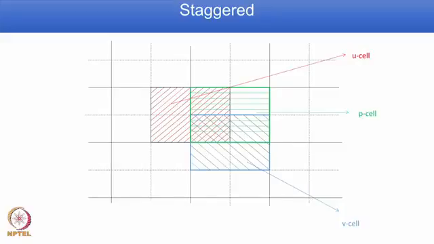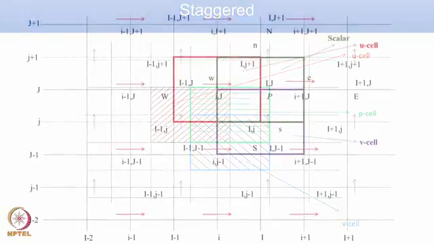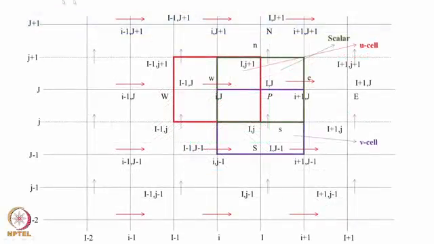The SIMPLE algorithm that we are going to talk about in this class is specifically explained for the staggered arrangement. This figure is repeated in the next slide, with the nodal information also included.